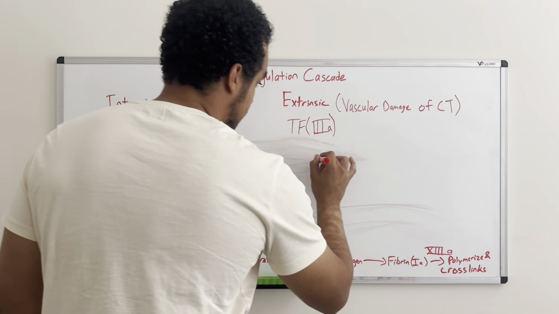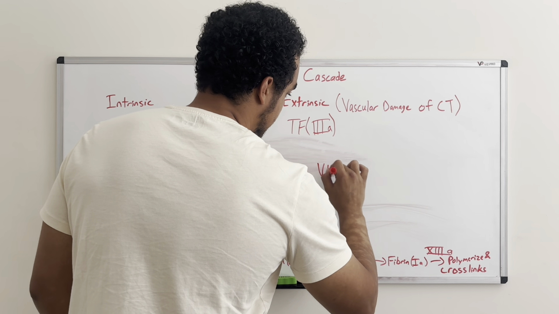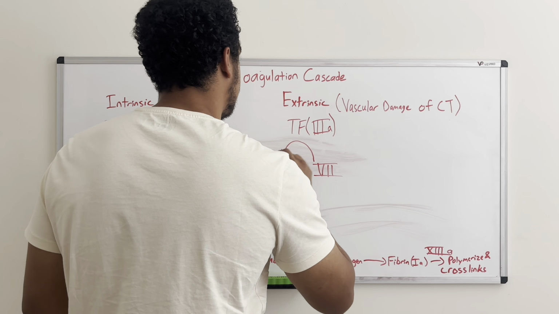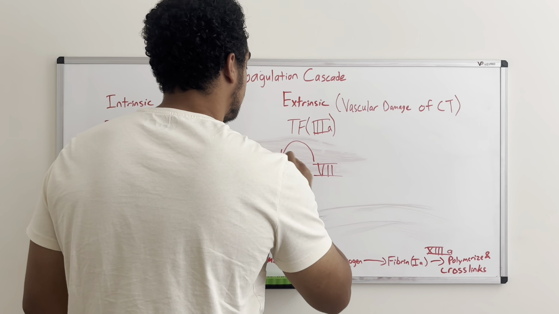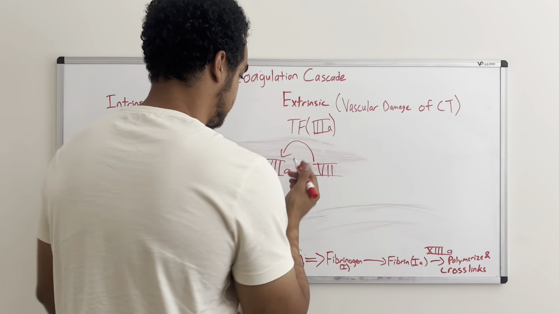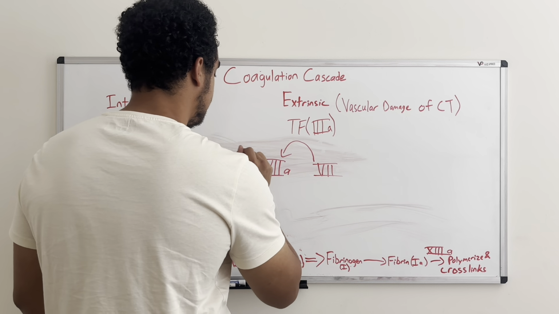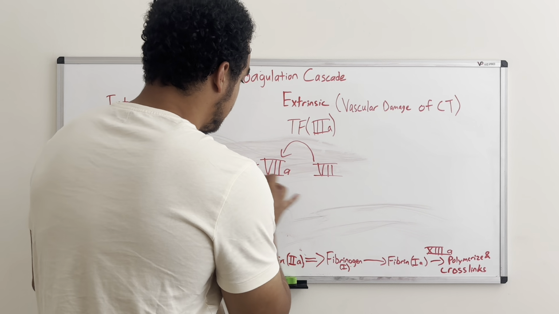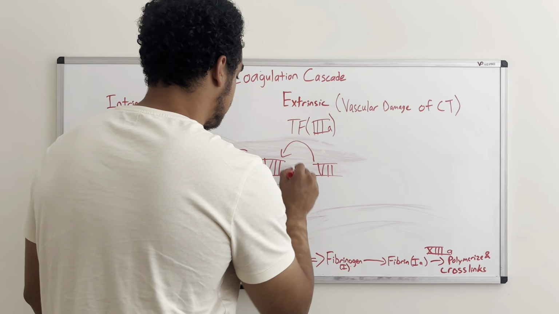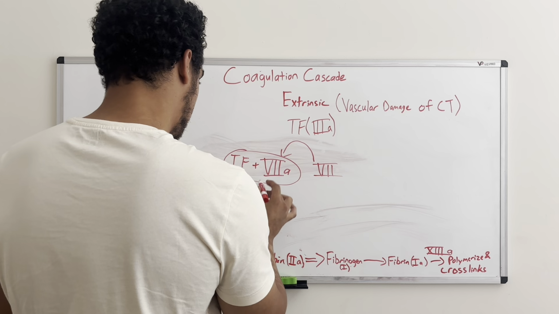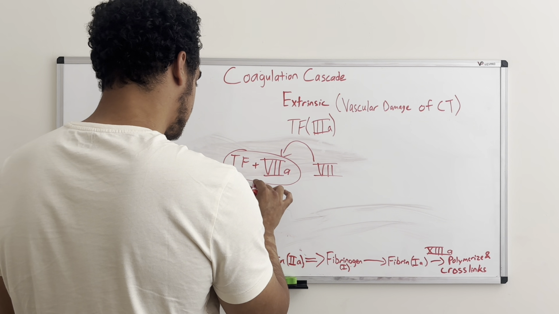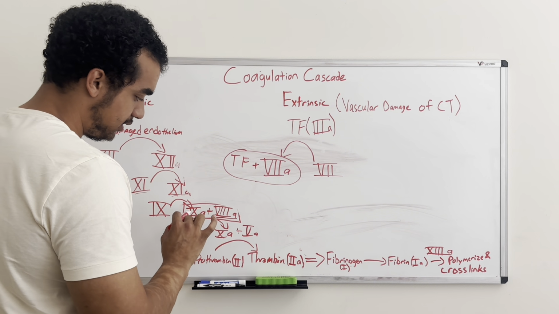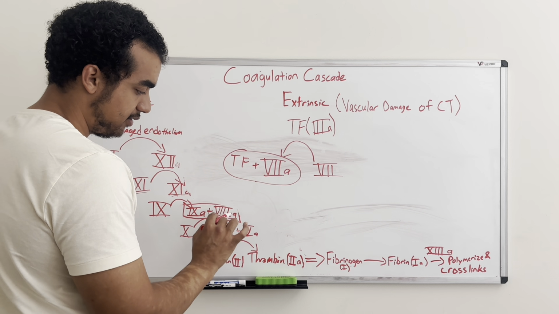Now, factor 7, tissue factor, factor 7A, and then we got plus tissue factor because it's a complex. This complex will then do the same thing as factor 9A, factor 8A.